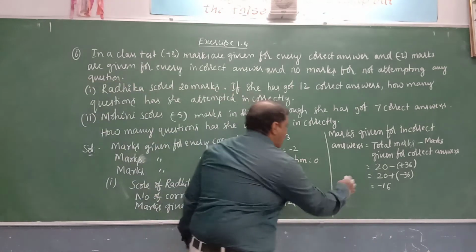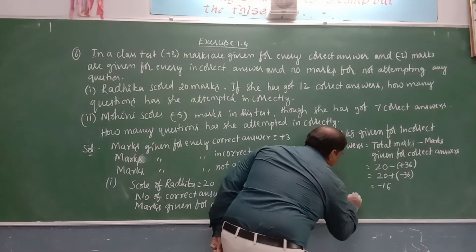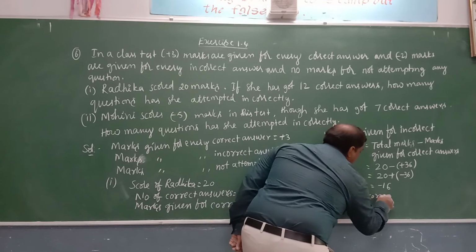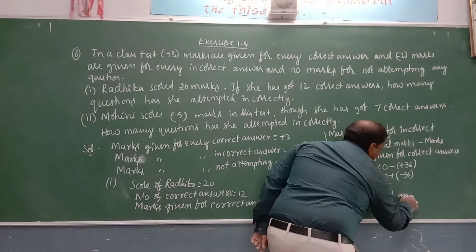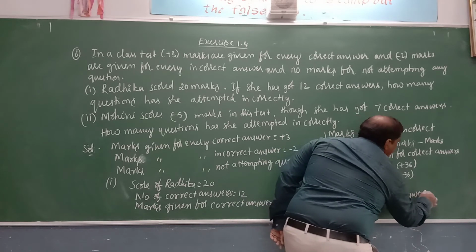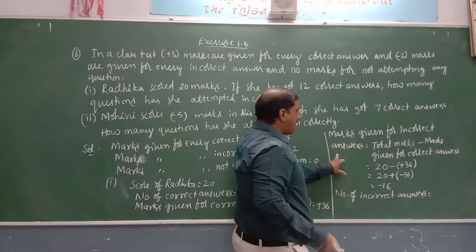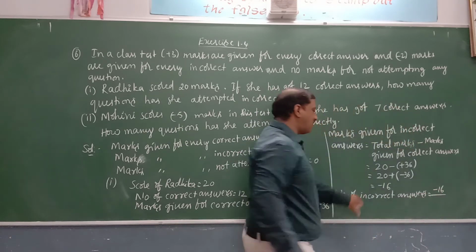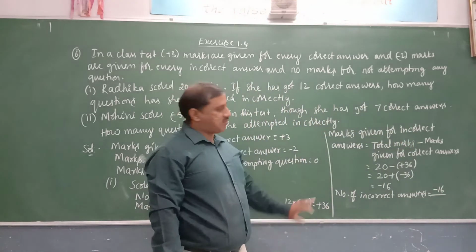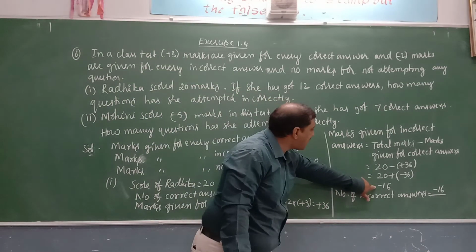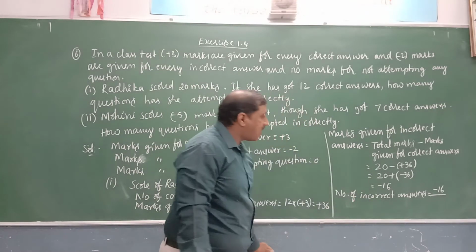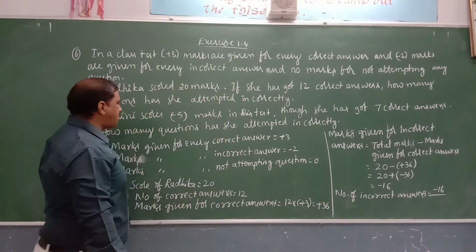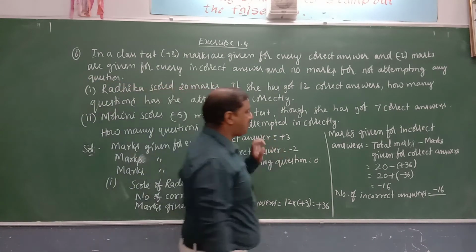Now, the number of incorrect answers is equal to marks given for incorrect answers, that is minus 16, divided by marks given for each incorrect answer, which is minus 2.